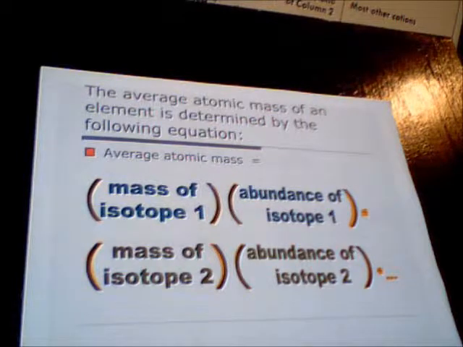Here's the equation that we use to find the average atomic mass of an element. What we have to do is take the mass of that isotope times its abundance plus the mass of another isotope of that element times its abundance, and then we keep adding as many as we have.